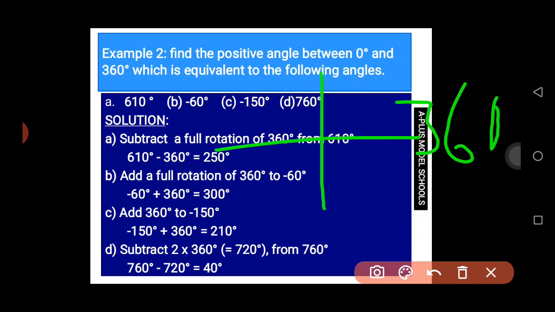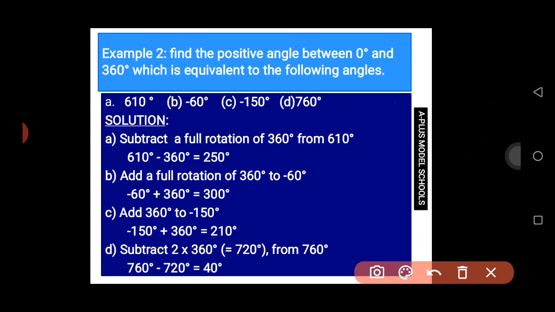The next thing for you to do is to reduce these 610 degrees to the simplest form. So what will you now do? The best thing you do is the sum of your quadrant is 360 degrees. Then subtract that 360 degrees from 610. So the remaining angle is 250 degrees. You can see that the remaining angle is not up to 360 degrees.